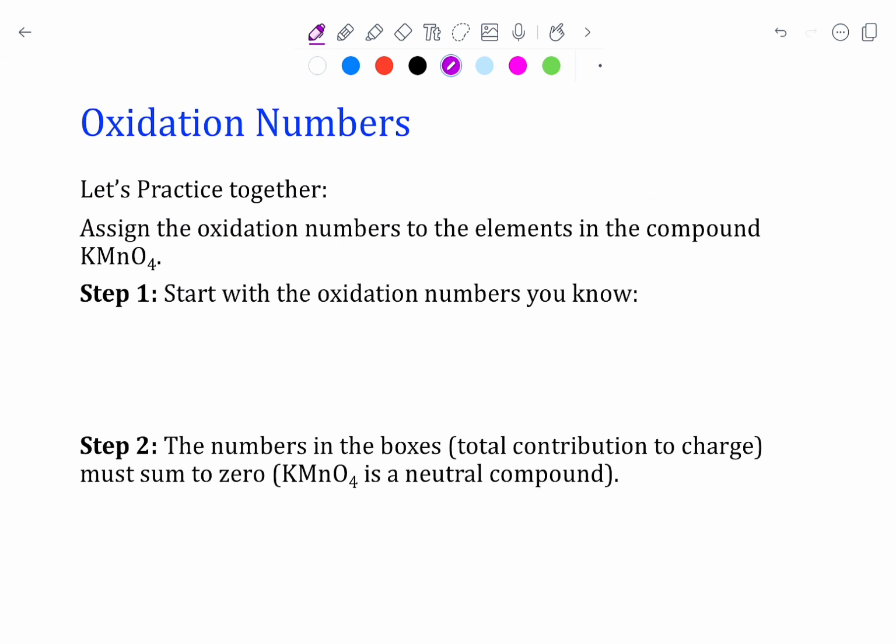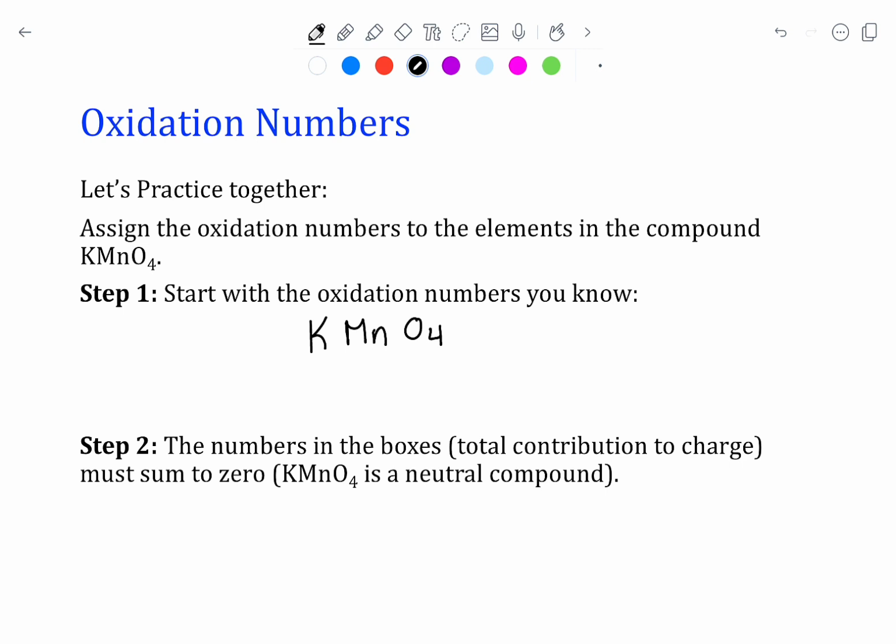So the first one we're going to practice together is assigning the oxidation numbers of each element in the compound KMnO4. So the first thing you want to do is write KMnO4. Now, I like organization, I like tables, if you couldn't tell by my balancing lesson.